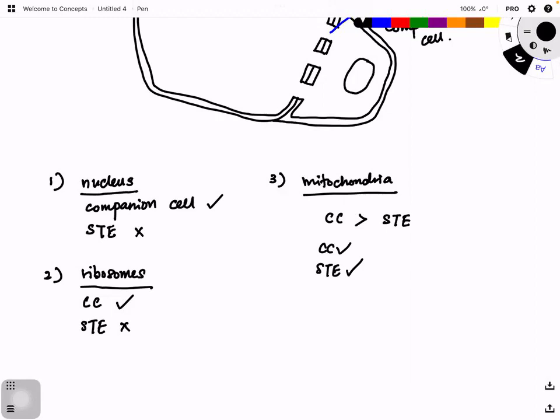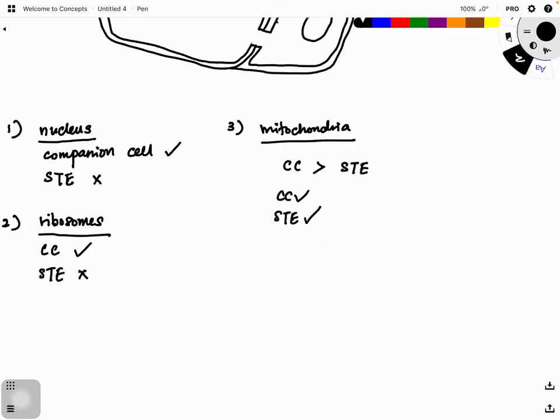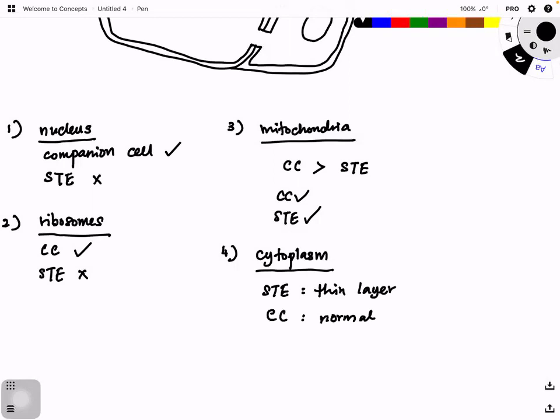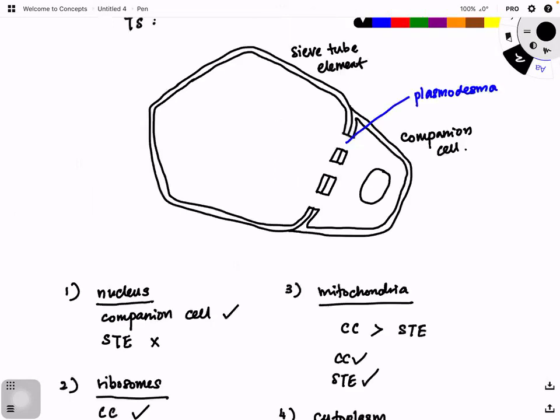Then number four, in terms of the cytoplasm: the sieve tube element forms a thin layer of cytoplasm, but the companion cell is normal. If I draw out the cytoplasm, it will be somewhere here, a very thin layer only.